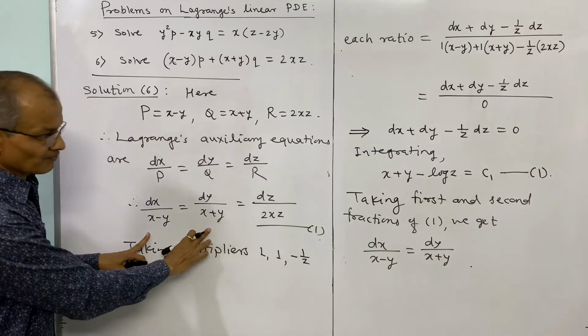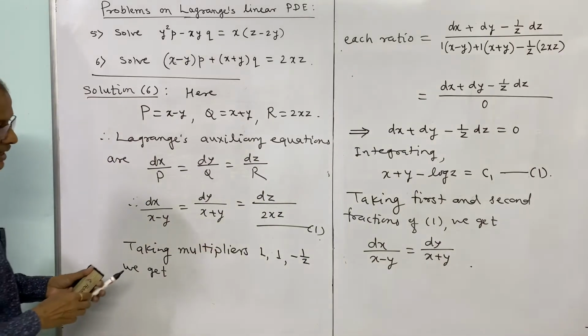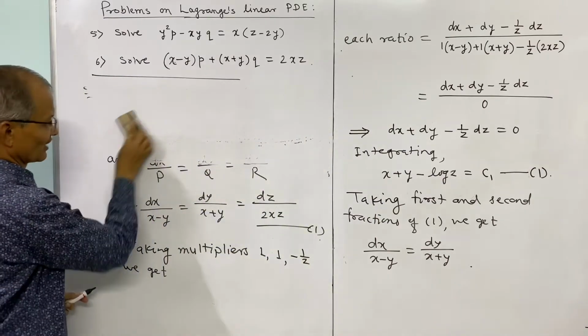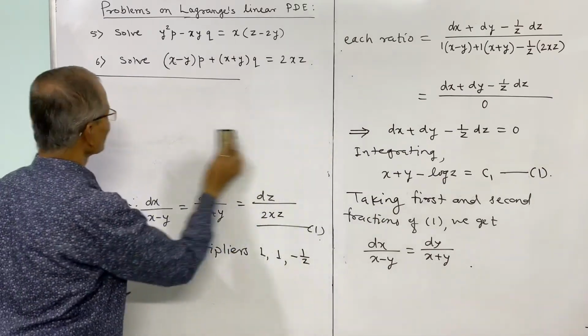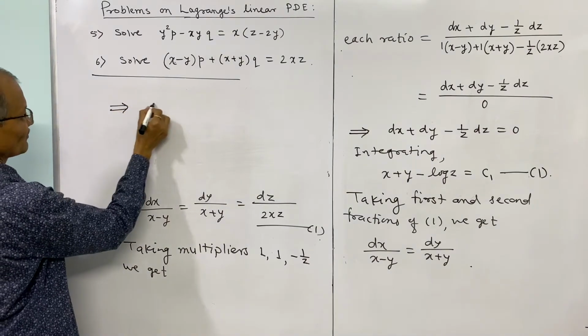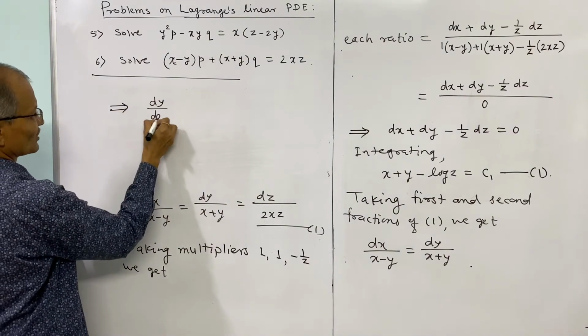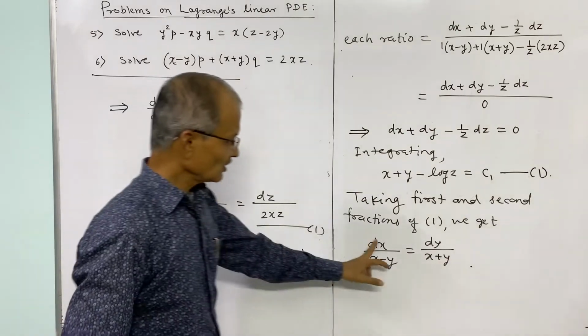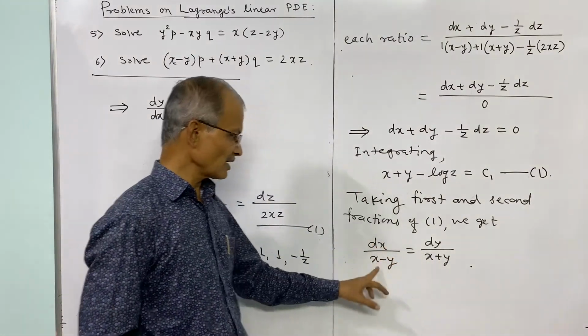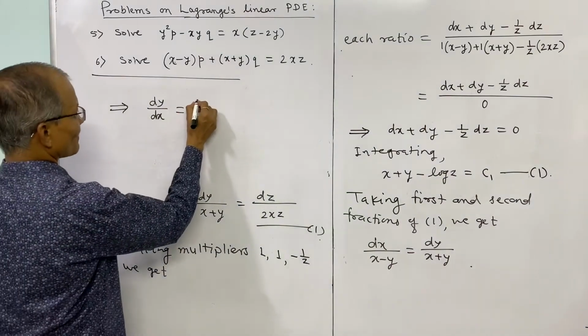And now we shall write this as dy by dx. This implies dy by dx is equal to, interchanging these two terms, dy upon dx is x plus y divided by x minus y.